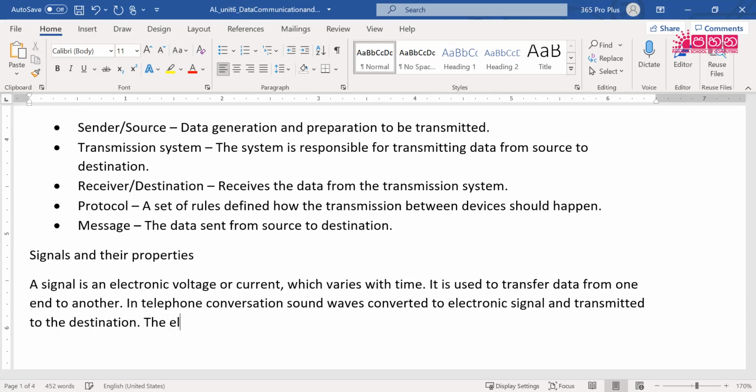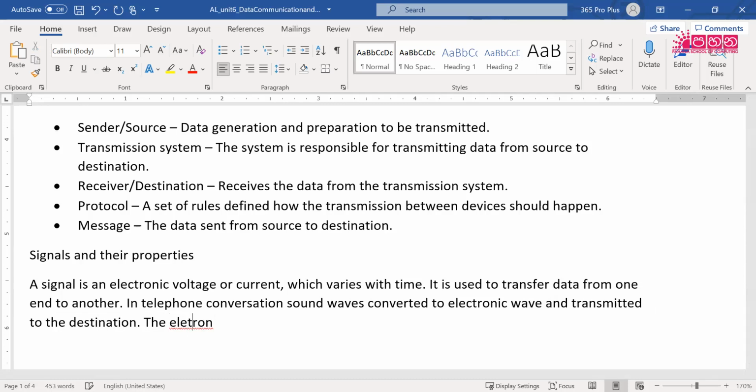The electronic signal, or we can say electronic wave, is transmitted.